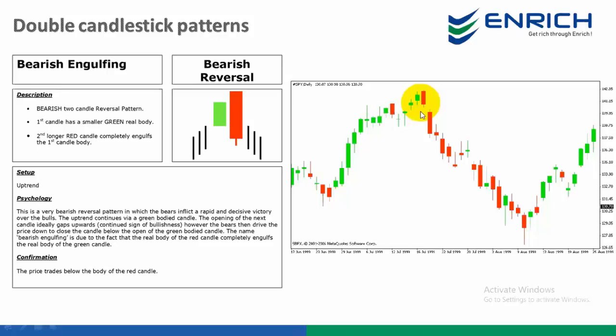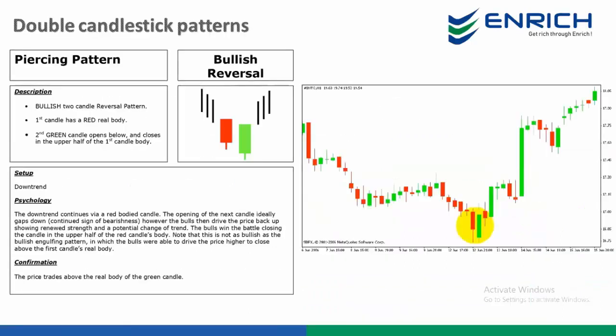But the point you need to remember is here you can see that there is a high, and it's at a resistance level. A resistance level is over here. So when the engulfing pattern appears at the resistance level, at the highest level, this is a very high probability trade. Okay, that's how you need to understand. So you may see different engulfing patterns in the chart, but look at the level at which it is spotted. Okay.